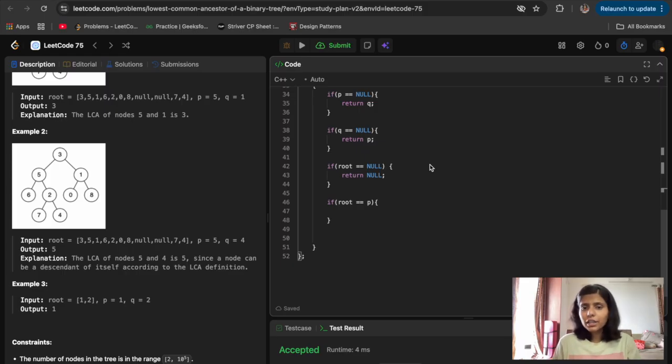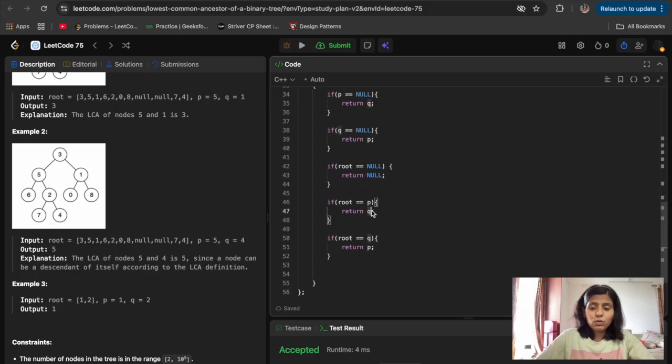For now I am returning my P node because I found P, and further I can find Q in this tree. So I'll return Q. What if my root node equals Q? Then I found Q, and further I can return P. If I found P, I return P, and if I found Q, I should return Q. Why?